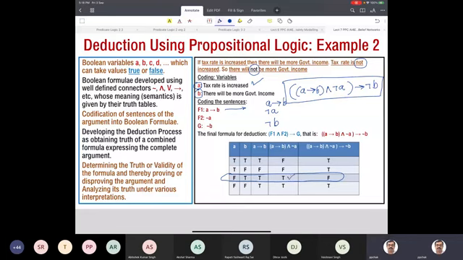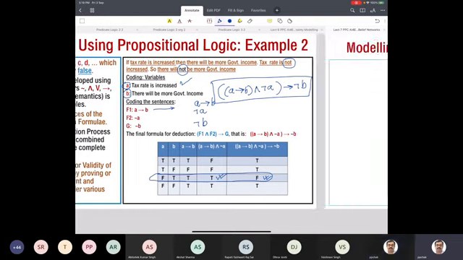In such a situation, the left hand side becomes true and the right hand side becomes false. So this is just to show you how logical deduction happens, and we can write very complex sentences. Very interesting puzzles can be solved, and you can really model a lot of things.